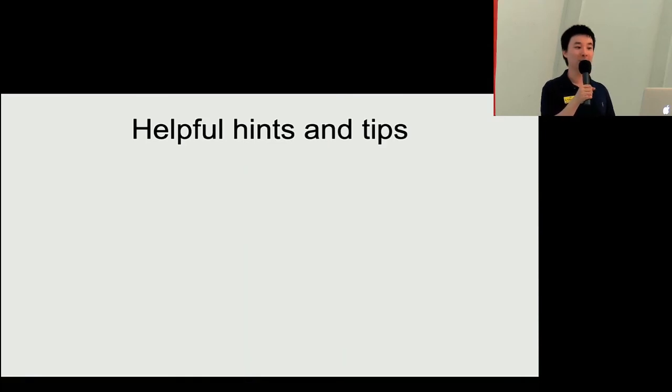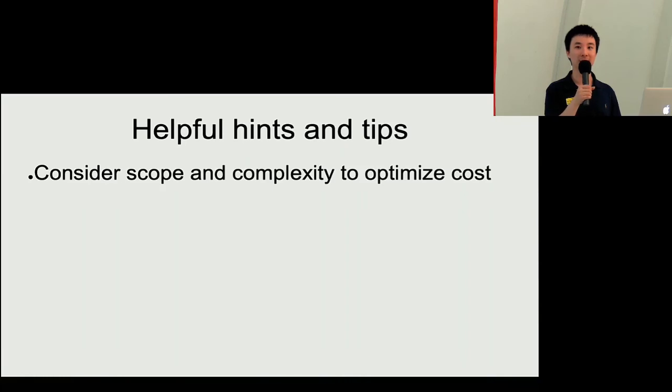So I will close with some helpful hints and tips, especially these days with the availability of computer devices so limited. It's to consider scope and complexity to optimize cost. Yeah, the latest and greatest Raspberry Pi might be pretty good, but it's not much use if a $89 board is available online from third-party sellers at 3 or 4 times the cost. So chances are you might actually have something lying around, might not be current gen, but it might suffice for the project you're doing.